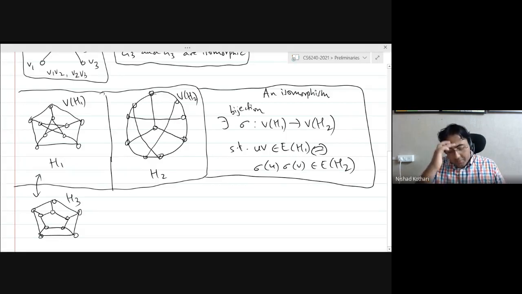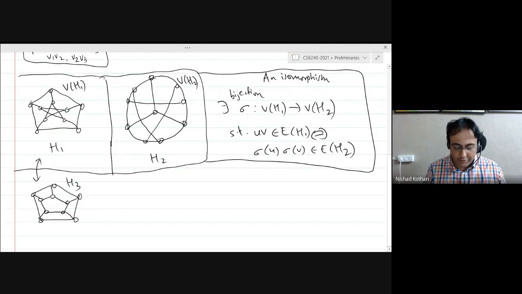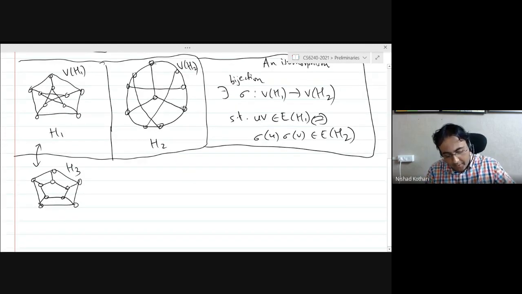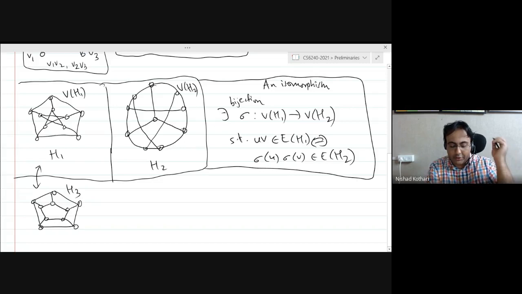You can check that both graphs have 10 vertices and 15 edges. But there is no way you would be able to map the vertices of H1 to H3 so that adjacencies are preserved exactly. Two vertices are adjacent in H1 if and only if their images are adjacent in H3. You will not be able to find such a mapping.